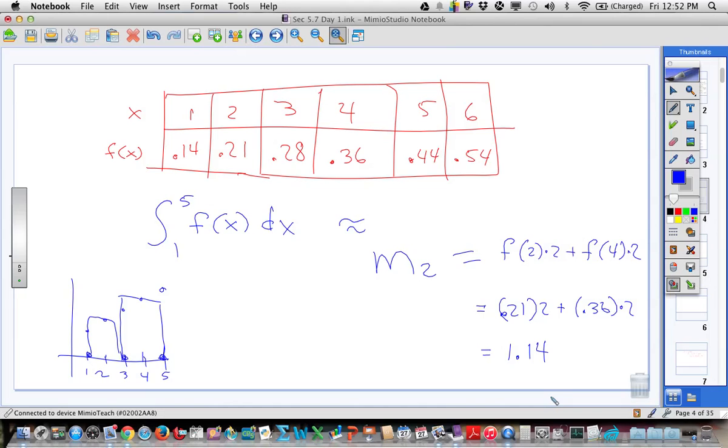What do you mean it wouldn't have been? Because we don't know what the, in other words, if we go from 1 to 5, that's a width of 4. And if we want to do 4 midpoint rectangles, they got to each be 1 wide, right?